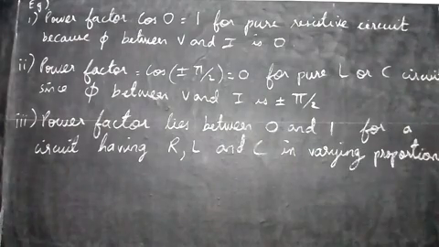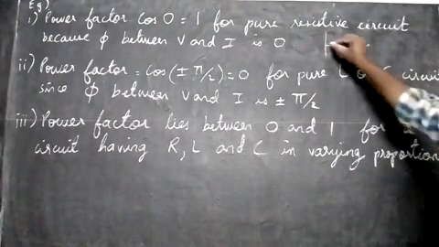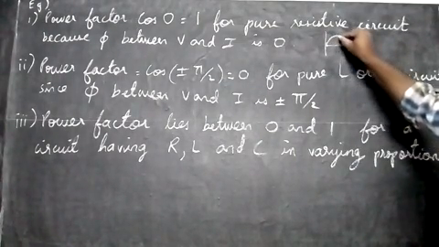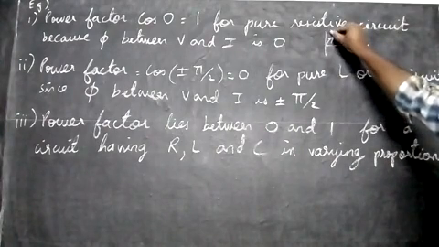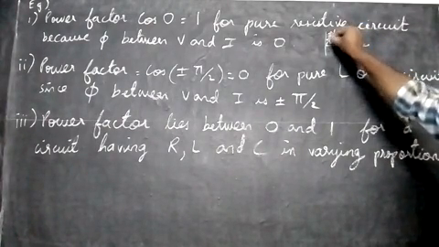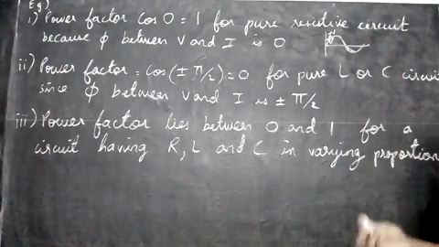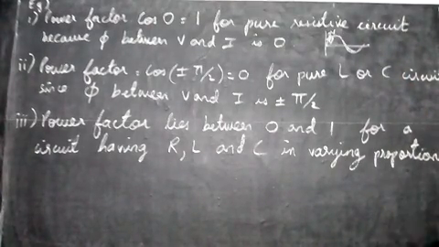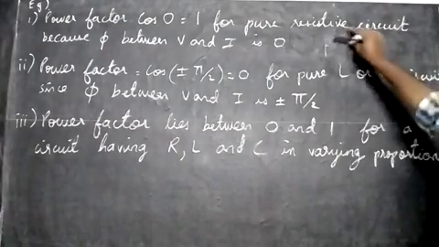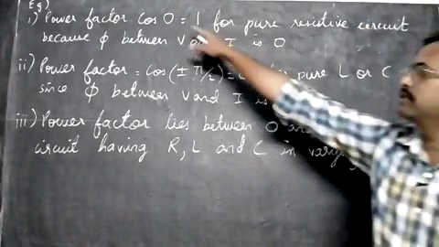We saw the graph also, do you remember? The voltage and the current are in the same direction, so the angle is 0 degrees. We saw the phasor also, that is 0 degrees. So cos of the phase angle, cos 0, is equal to 1.